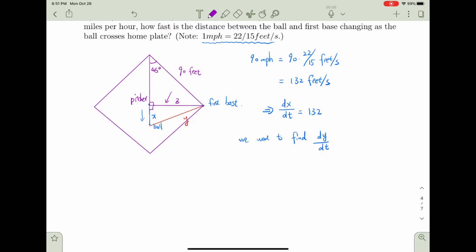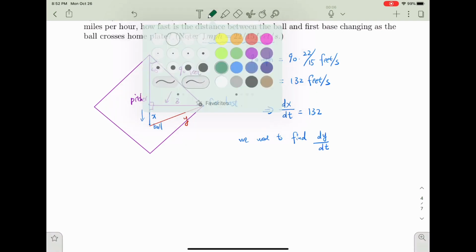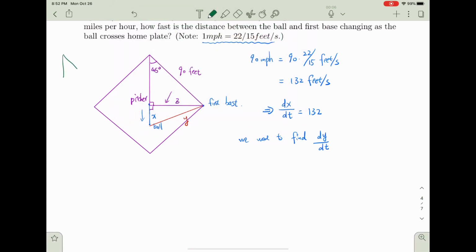And for this kind of triangle, we know that the ratio of the length of the side to the length of the hypotenuse is 1 to square root of 2. So let me give you this information here. For a right triangle like this shape, with 45 degrees, the ratio of the side to the hypotenuse is 1 to square root of 2.